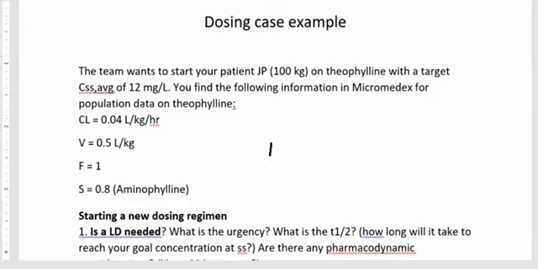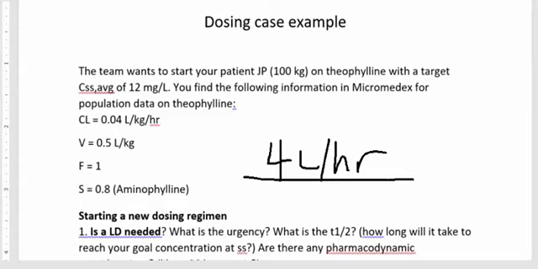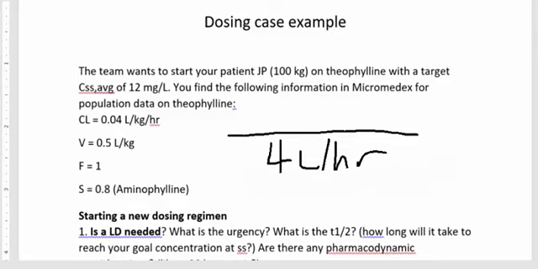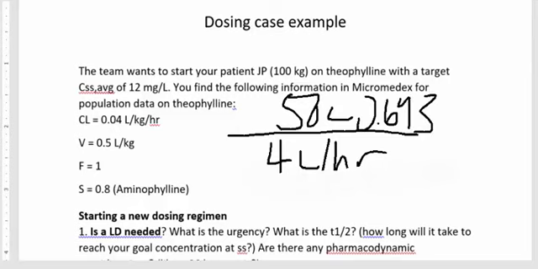We just figured out his clearance is 4 liters per hour, and his volume of distribution, well, let's do the half-life this way, right? His volume of distribution is 0.5 liters per kilogram, so 0.5 times 100 is 50 liters, isn't it? So this is going to times 0.693 will give us a guess of our patient's half-life, won't it?